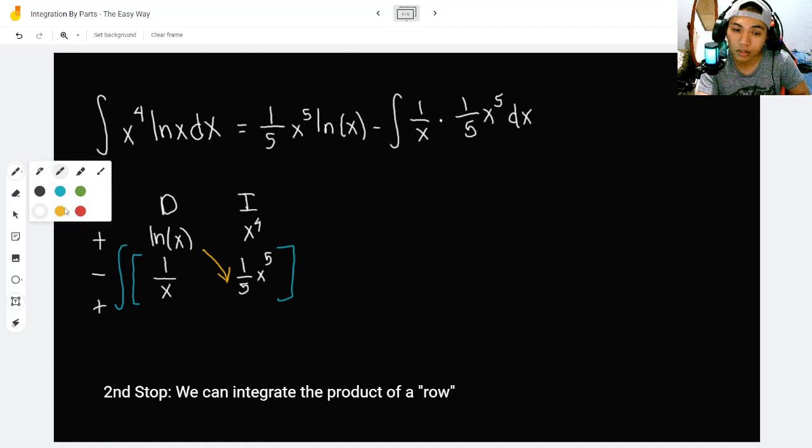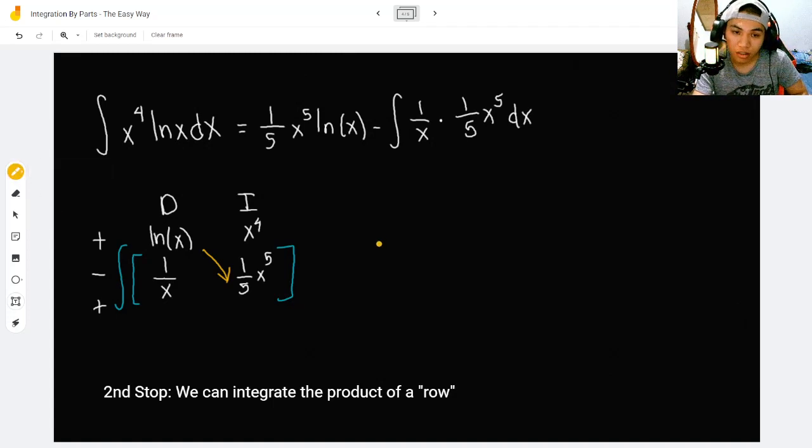And we noticed that these x's nicely cancel, and we can reduce the power from 5 to 4. So this is the same as 1 over 5 x to the 4th power, right?